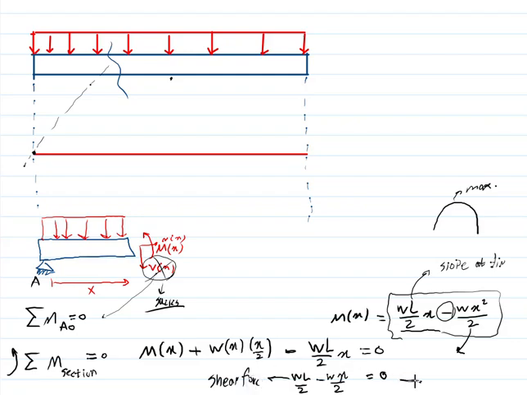And where was the shear force equal to 0? At x equal to half of L. So here it gets max, and then we have this, but with negative slope or positive slope? With a negative slope. You say why?